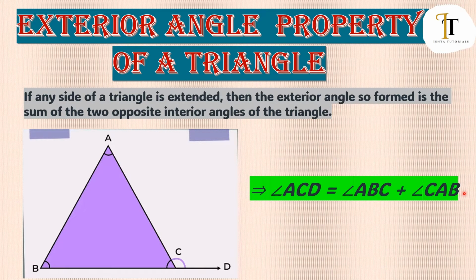So by statement, if any side of a triangle is extended, then the exterior angle so formed is the sum of the two opposite interior angles of the triangle.